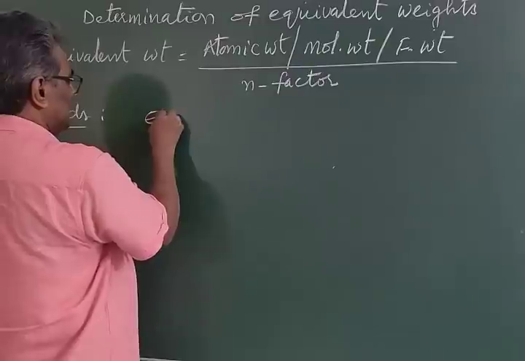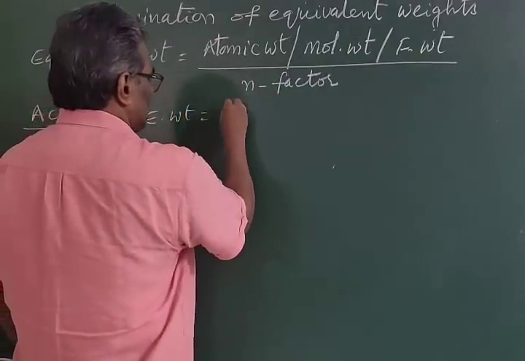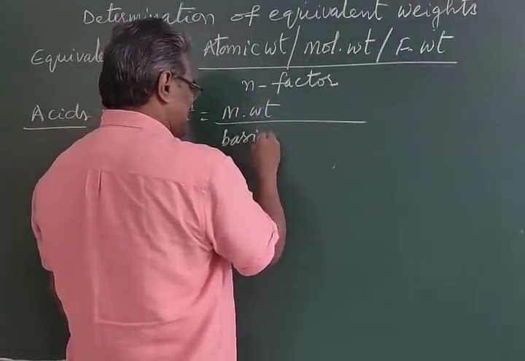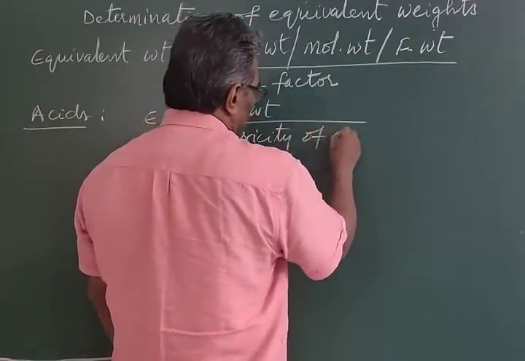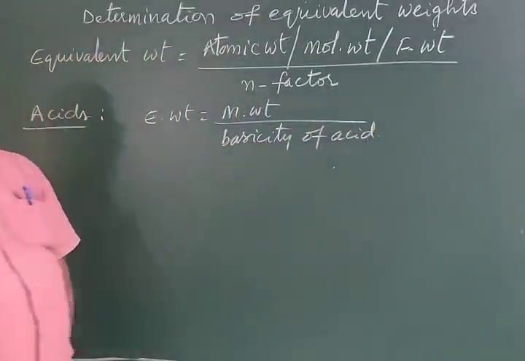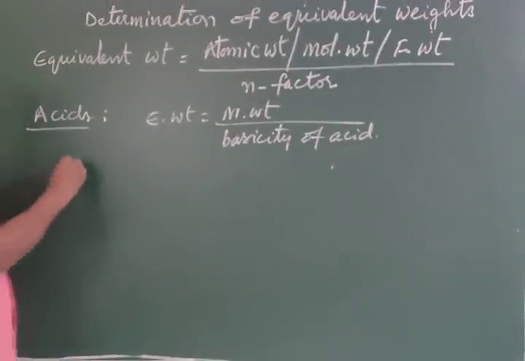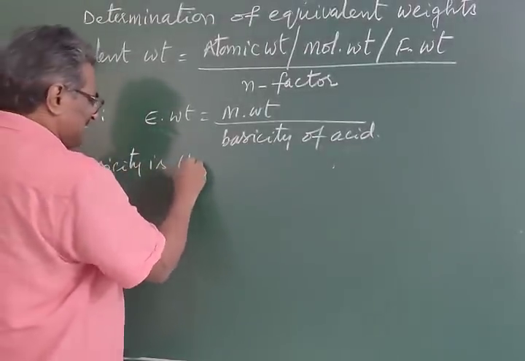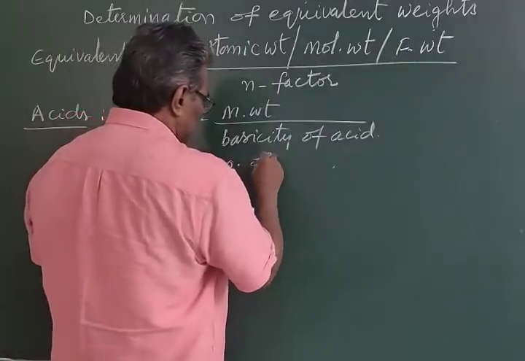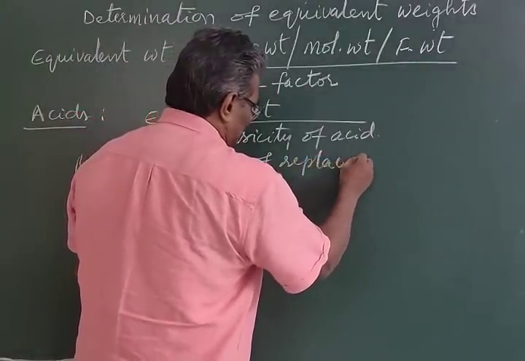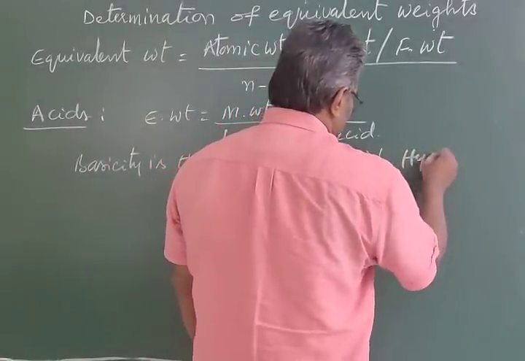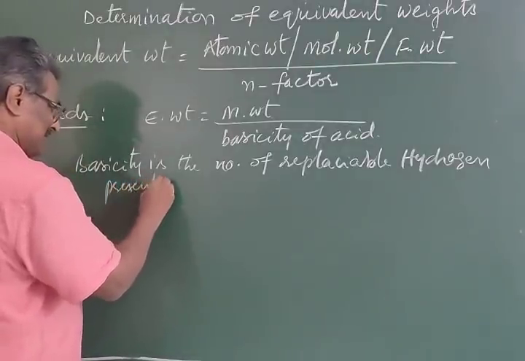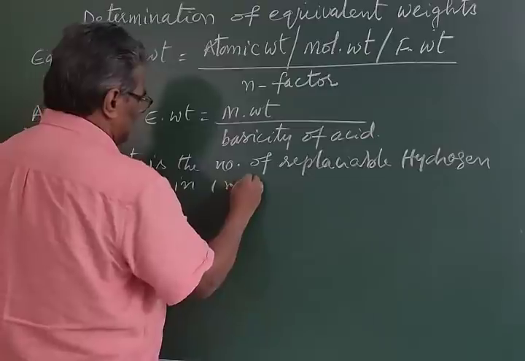For acids, equivalent weight is equal to molecular weight by basicity of acid. What is meant by basicity? The number of replaceable hydrogens. Basicity is the number of replaceable hydrogens present in one molecule of acid.